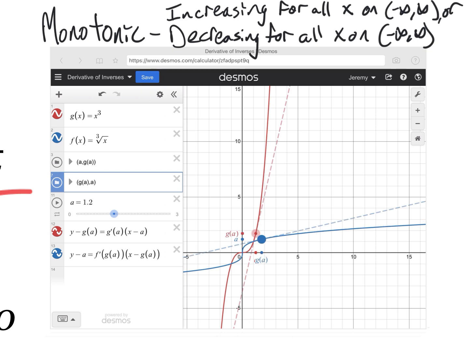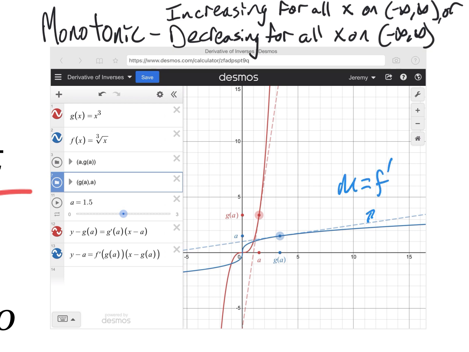And so that's useful. Now we need to get an expression for it. So the slope here, let's say that we know the slope of f. The slope here of this function is f prime at g of a. Again, g of a is the x-coordinate because this is flipped from g.